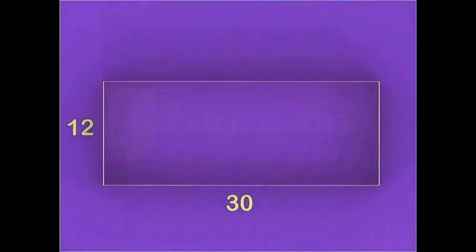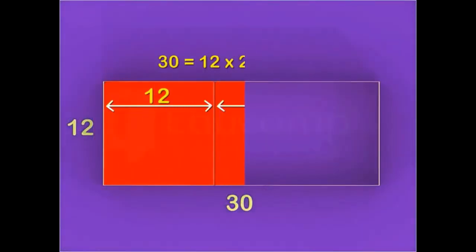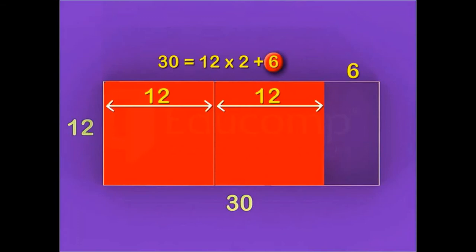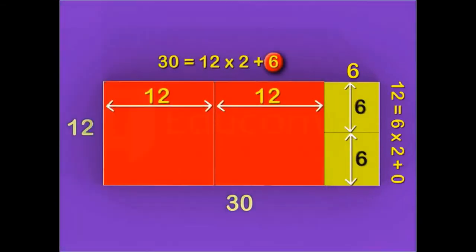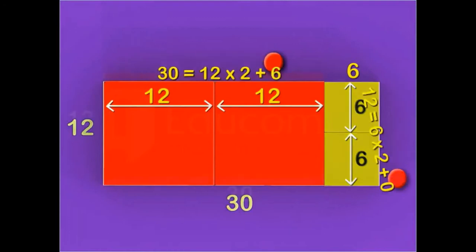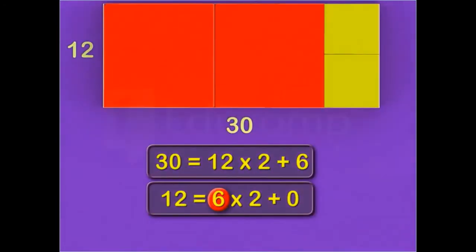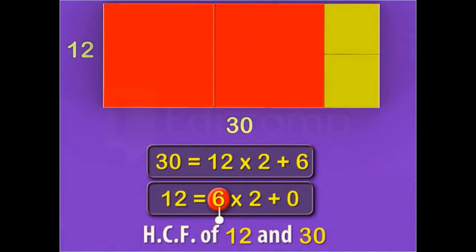First, you subtracted the multiple of 12 from 30, leaving the remainder 6. Then you subtracted the multiple of 6 from 12, leaving the remainder 0. The divisor that leaves no remainder in this procedure is called the highest common factor of the two given numbers.